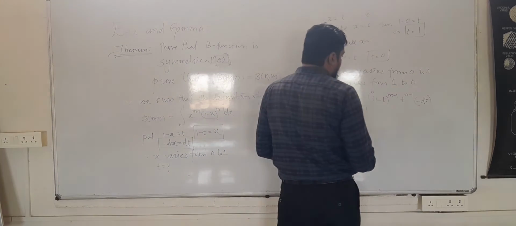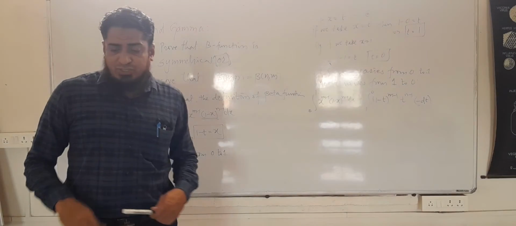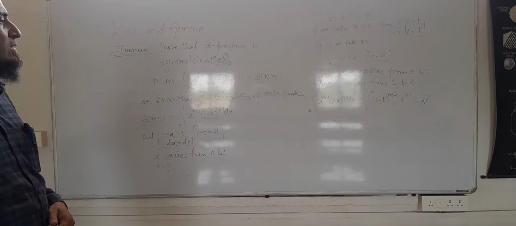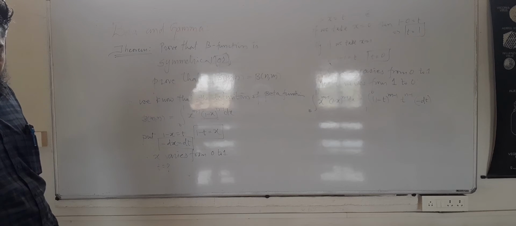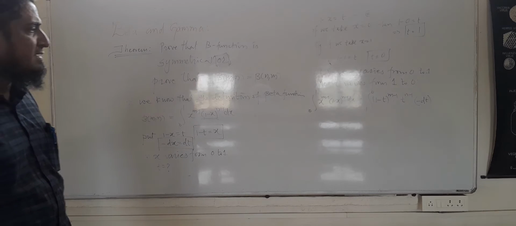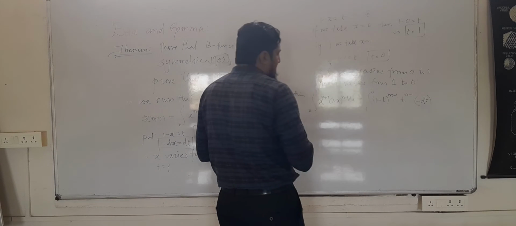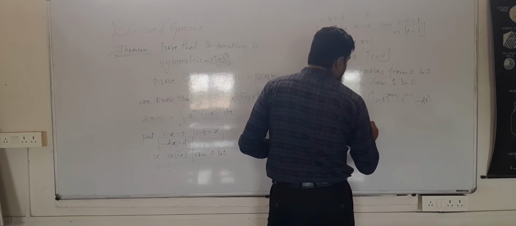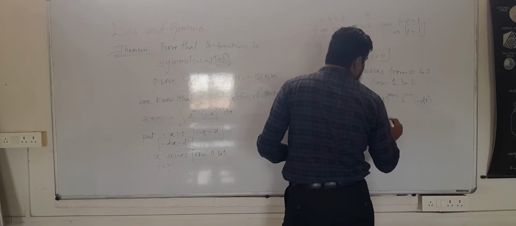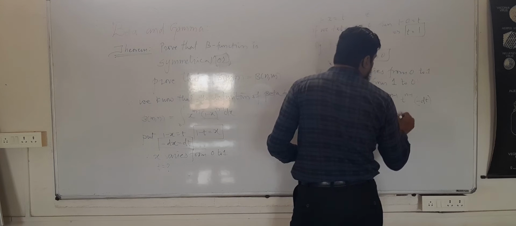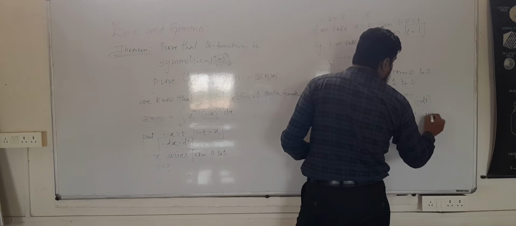Now we get integration from 0 to 1, 1 minus t raised to m minus 1, t raised to n minus 1. Now interchanging the limits, we will get minus integral 0 to 1, 1 minus t raised to m minus 1, t raised to n minus 1 minus dt.